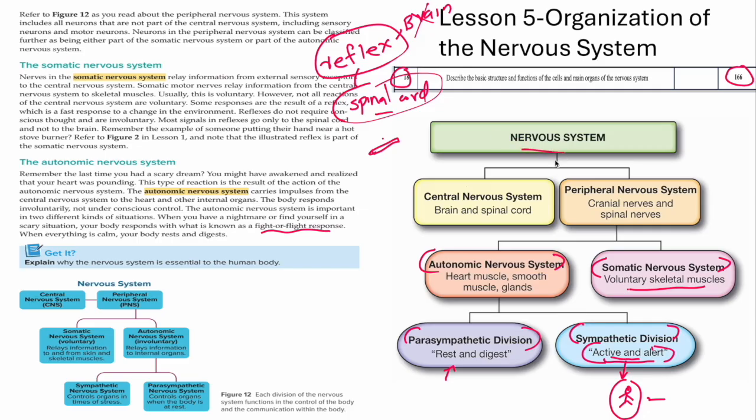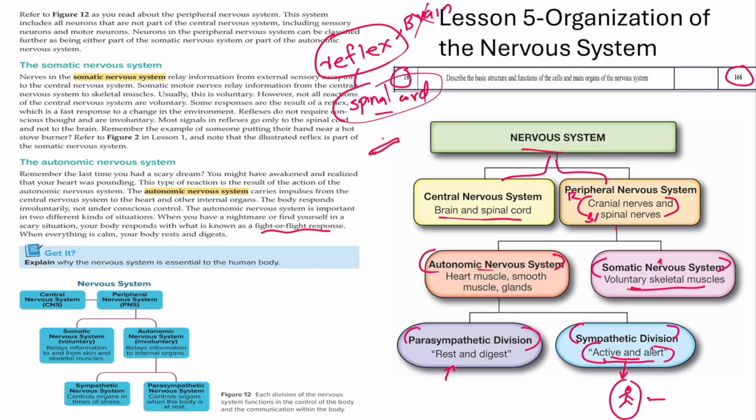So the nervous system is divided into two, that is central nervous system and peripheral nervous system. Central nervous system is brain and spinal cord, and peripheral nervous system is all the other nerves, like the 12 cranial nerves and 31 spinal nerves. And the peripheral nervous system is divided into somatic nervous system and the autonomic nervous system.